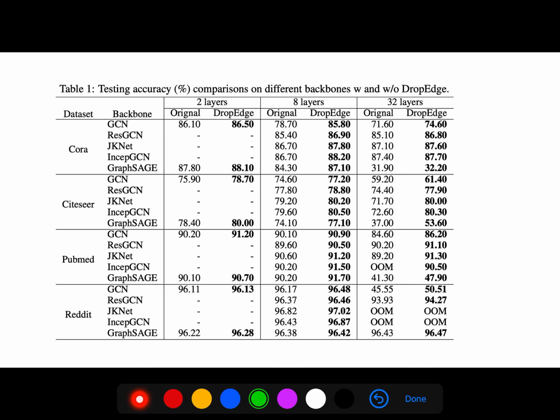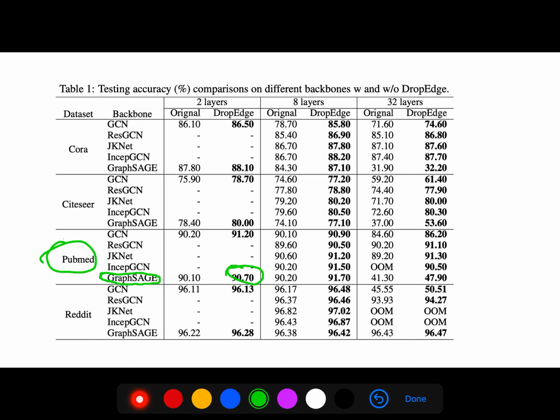So for testing accuracy on different backbones, for example, if you use GraphSAGE on the PubMed dataset, you will see a testing accuracy of 90%.